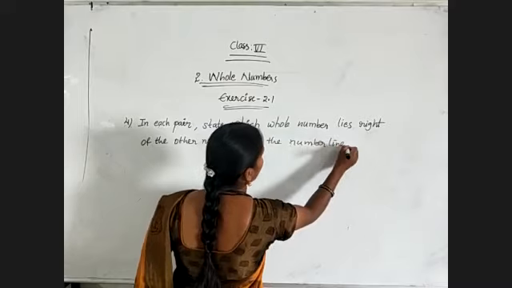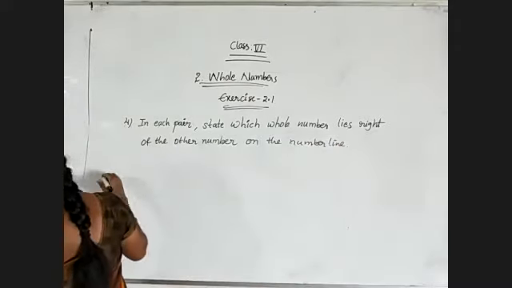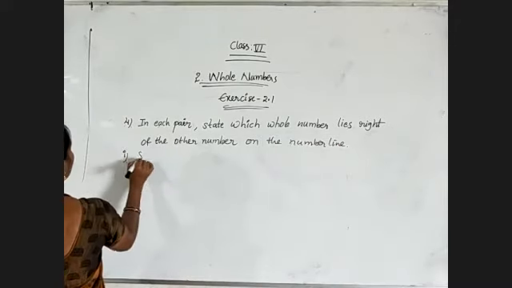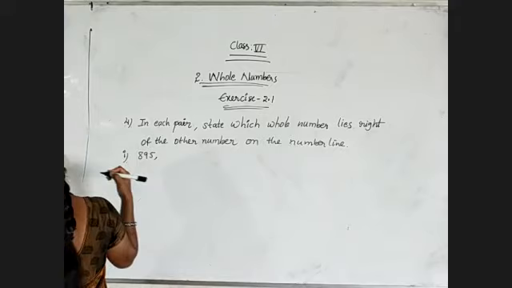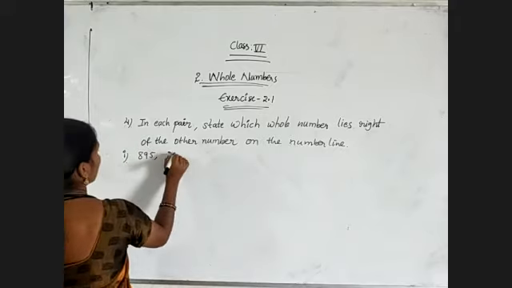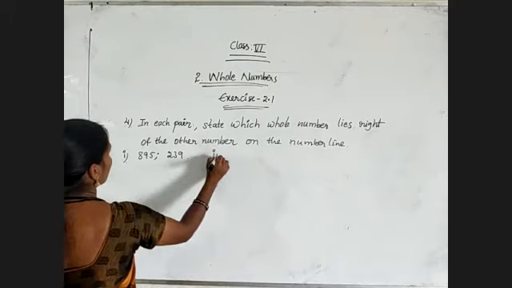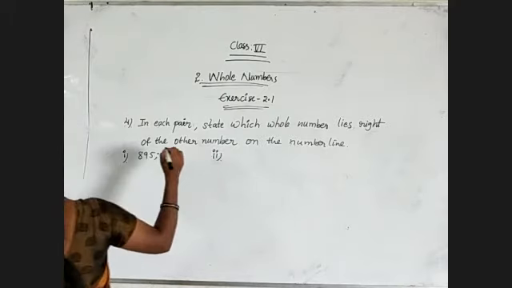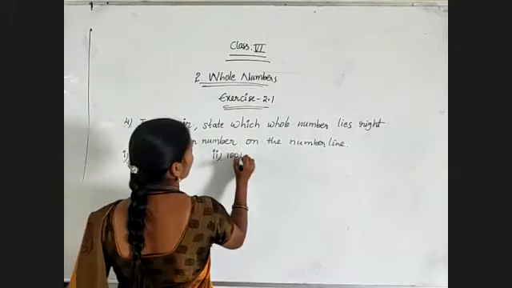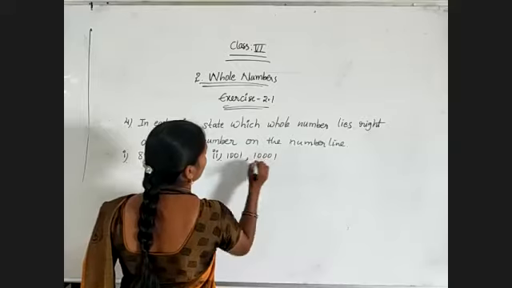Just observe. Now my first pair is 895 and 239. These are my two numbers. And the second question is 1001 and 10,001.